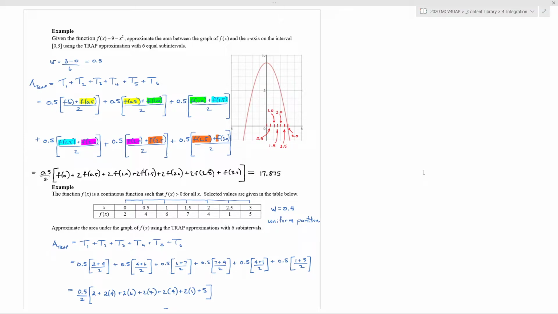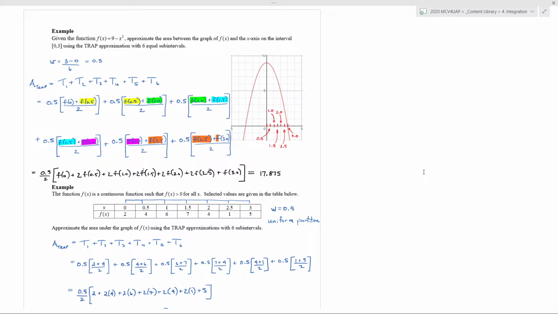It's just w divided by 2 multiplied by f at 0, and then 2 times the function evaluated at every partition in between, and then just f at the last point, which is 3.0.